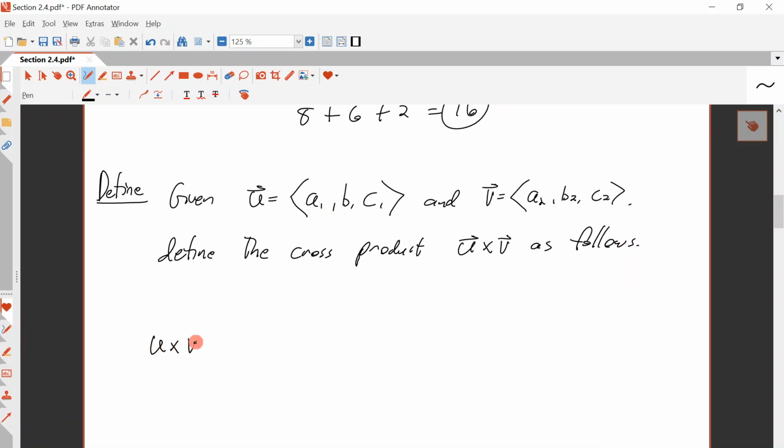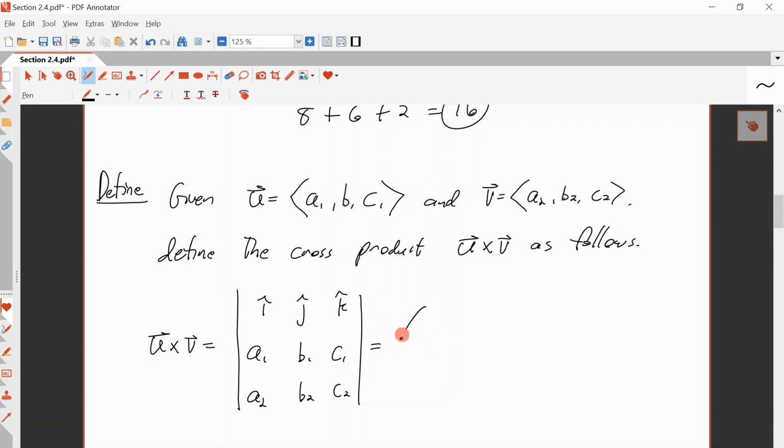So u cross v is equal to the 3 by 3 determinant, where on the top row I have i, j, and k. Second row is u. Third row is v.